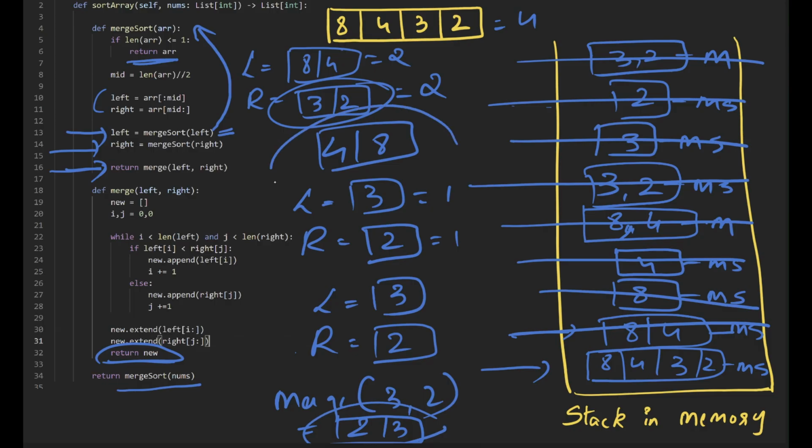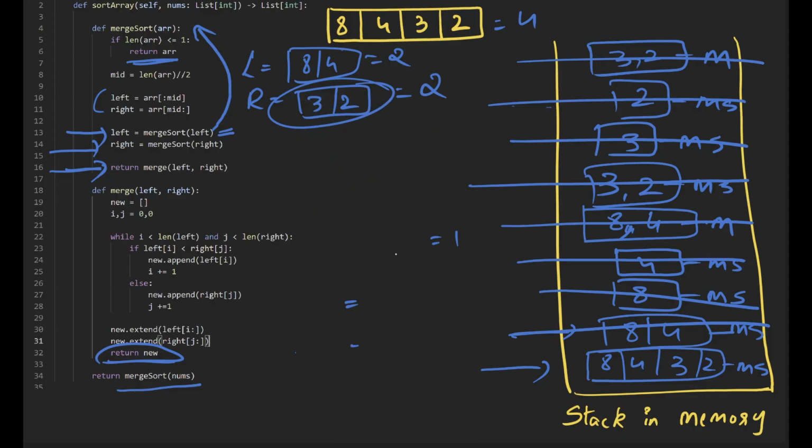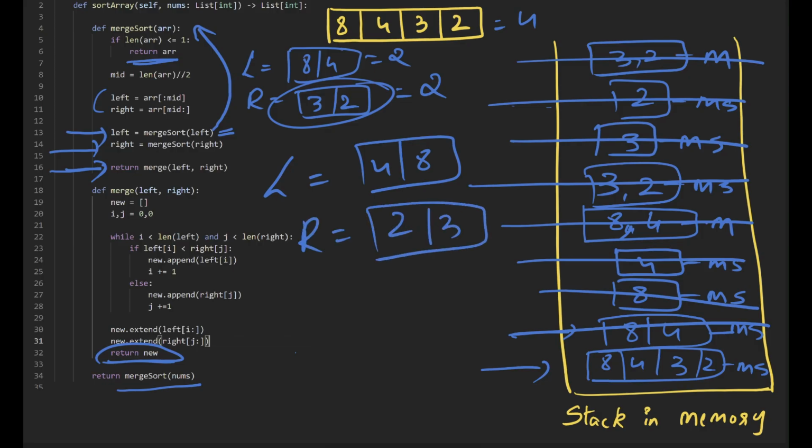We got the right, which is 2 comma 3, and we got the left, which is 4 comma 8. Now we actually call the merge for all of those. From left we got 4 comma 8, which is the output from the merge function, and from the right we got 2 3, which is an array.